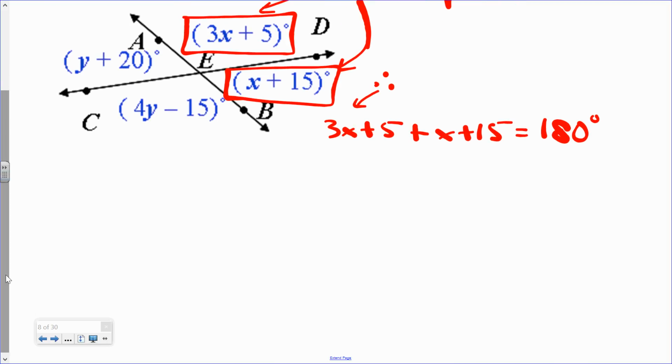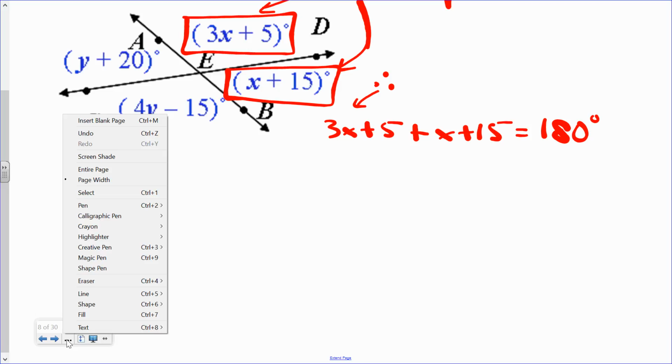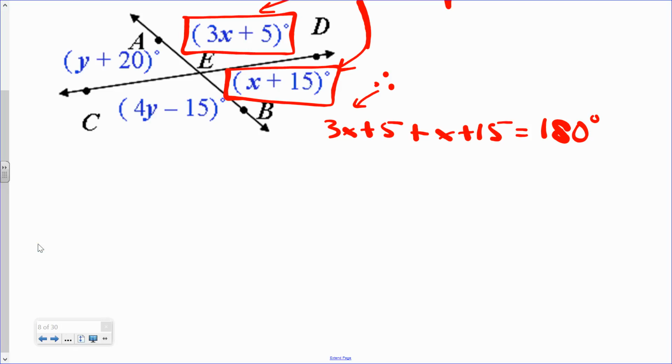The rest is Math 1. Like terms, yeah. 3x and 1x. What does that become? 4x, exactly. So 3x and 1x is 4x. So we have 4x plus 20 equals 180.